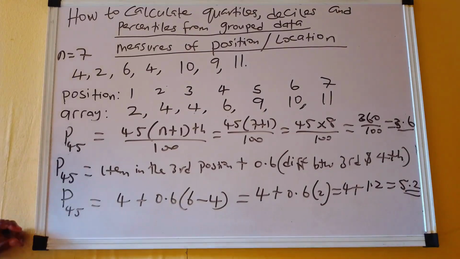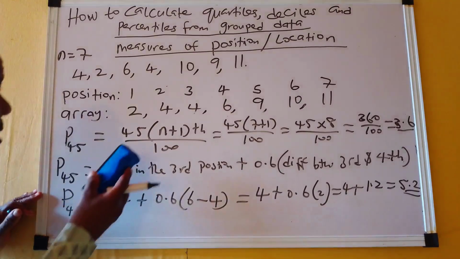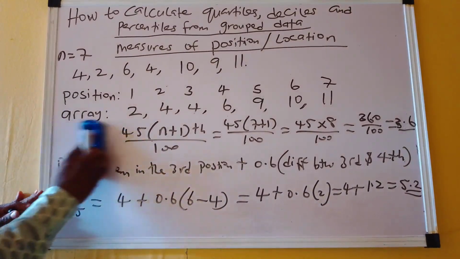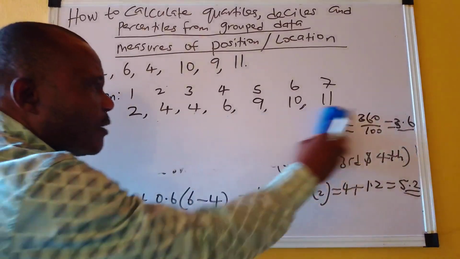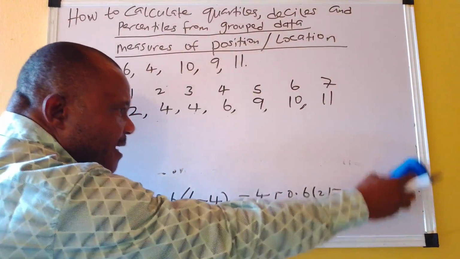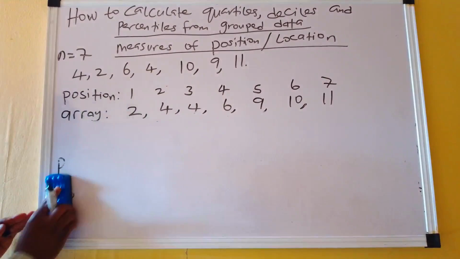Now let us see how we can calculate the P70, or let's say P50 for instance. Let's get the P50, that is the 50th percentile.